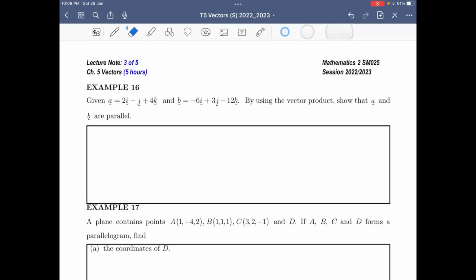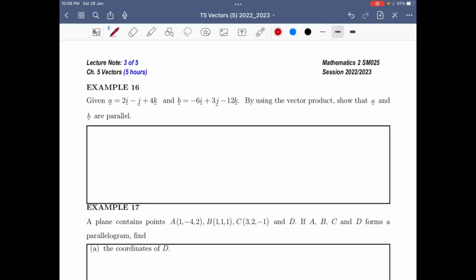Example 16: given vector A equal to 2i minus j plus 4k and vector B equal to negative 6i plus 3j minus 12k. By using the vector product, show that vectors A and B are parallel.